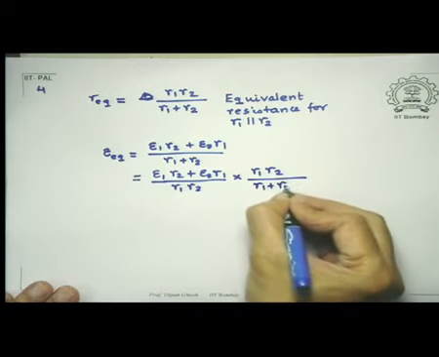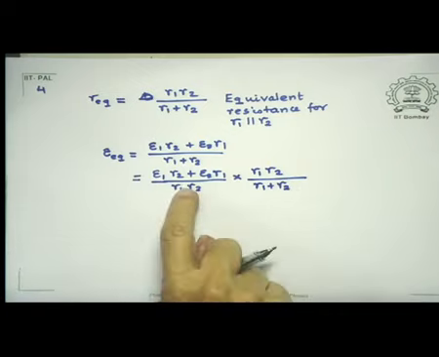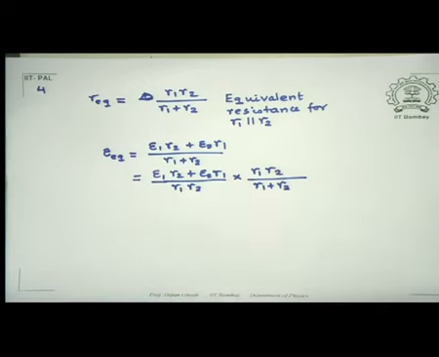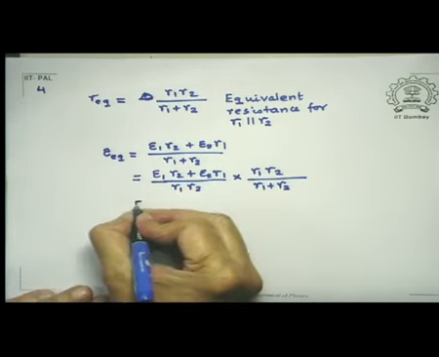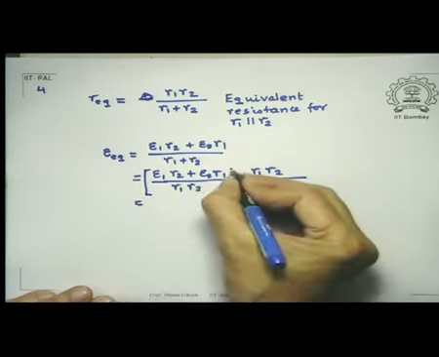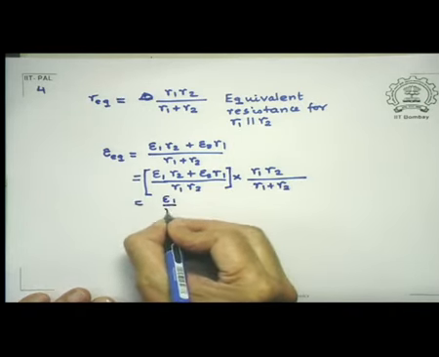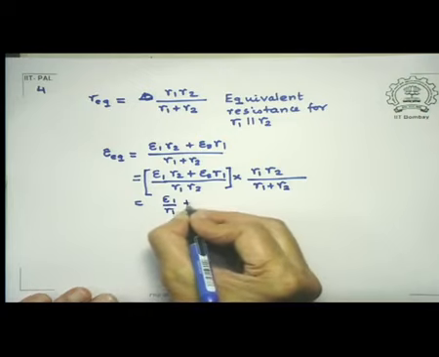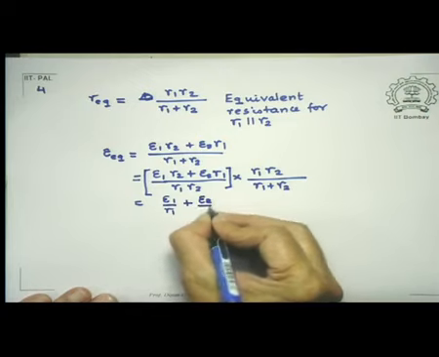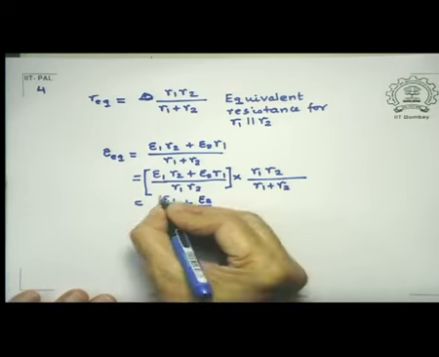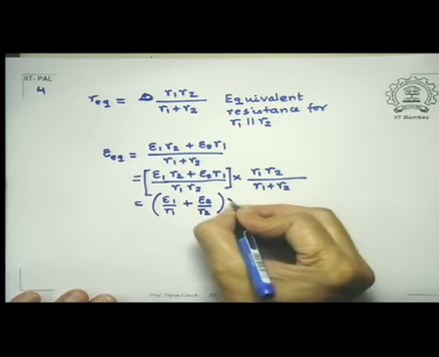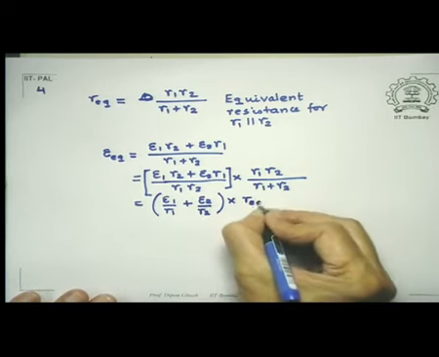This is the same expression. I have simply put in the denominator R1 R2 there and R1 R2 there. Now, this expression here I can rewrite as E1 by R1 plus E2 by R2, and this is, as we have seen, the equivalent resistance Req.